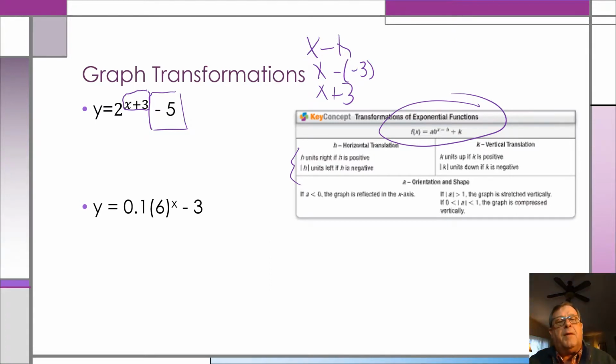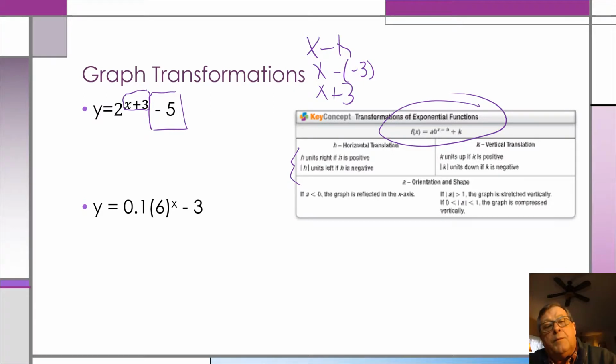Now let's think about the domain first. Is there anything that's going to restrict our domain? I'm not dividing by 0. I'm not taking the square root of a negative number. I don't have any domain issues. So my domain really is going to be negative infinity out to infinity, or all real numbers. Now the range of our parent function, if you recall, was y has to be greater than 0.